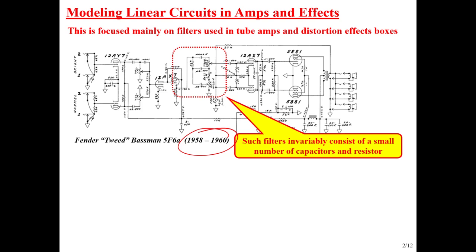In fact, it is this Tweed Bassman that was the motivation for Jim Marshall to create his very first Marshall amplifier. In fact, he pretty much just took the Bassman and mimicked it with components that he could find in England, where he was living. But back to this.